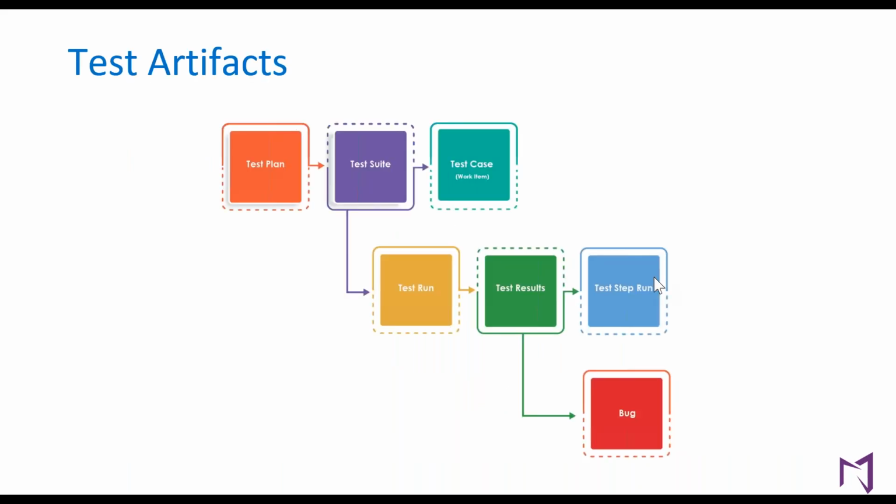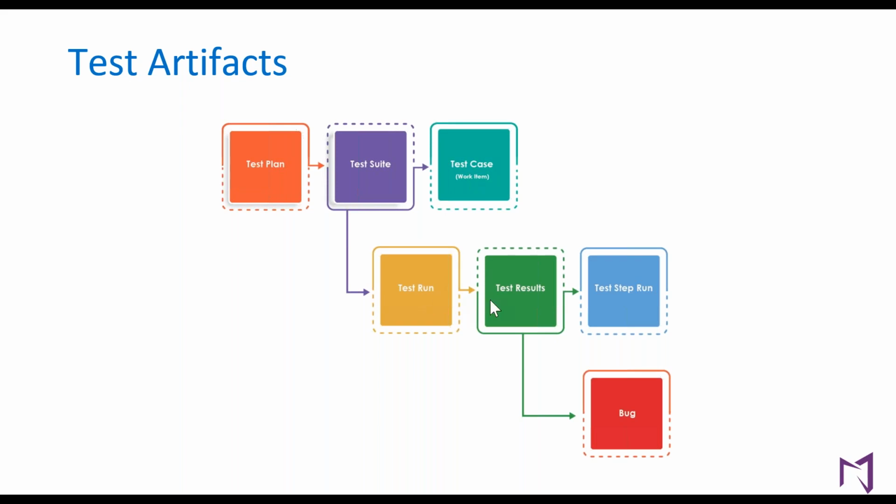So what do I mean by test reporting? It's this. If you look at Azure DevOps, you will see that you can create test plans and test suites underneath it and add test cases to it, and then run your test cases within the suite, which becomes a test run.